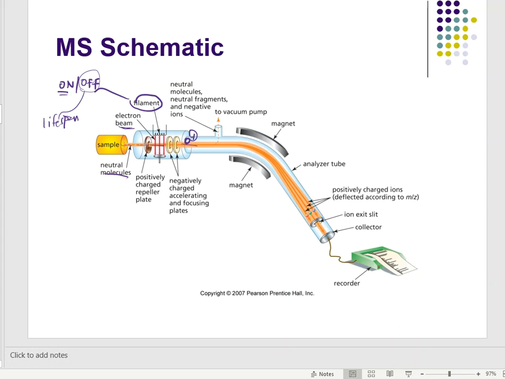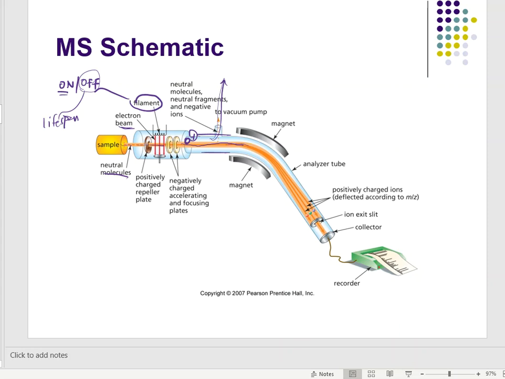All right, so these things zoom down through the tunnel. Notice it says vacuum pump. Whoop, goes out. All neutral molecules, neutral fragments, and negative ions get pumped out of the system. This is kind of where the quadrupole would be, or a part of it.